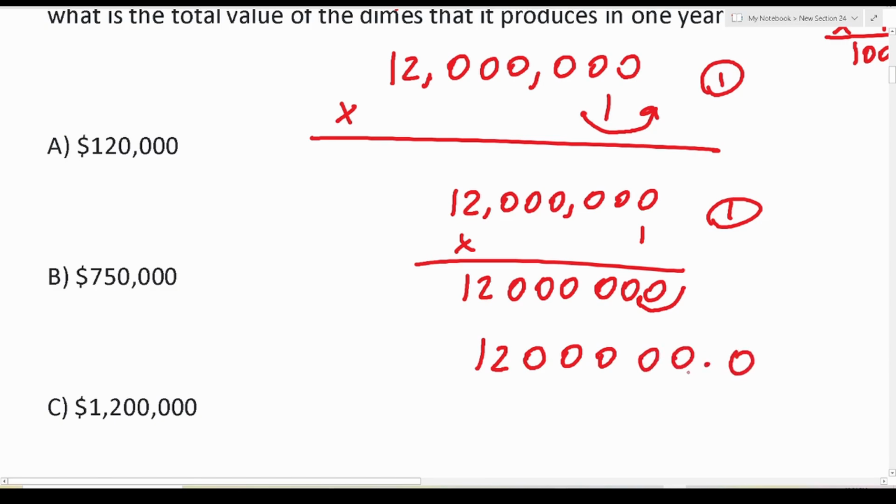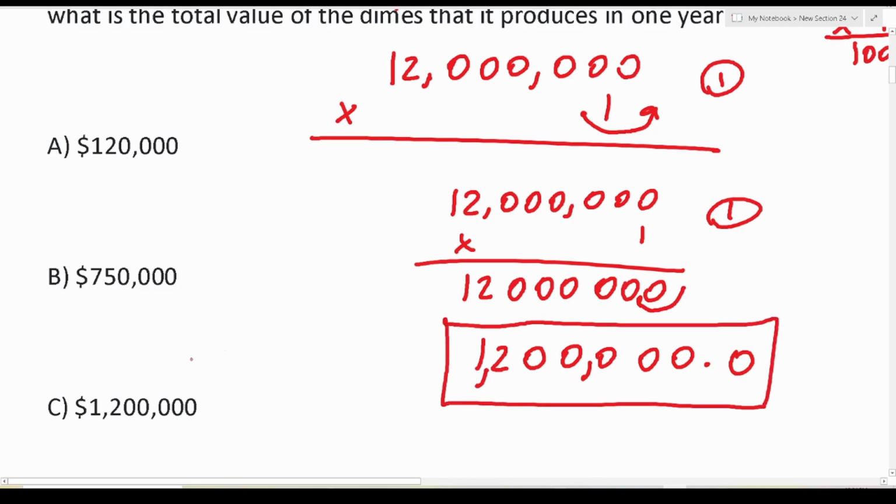And we place a comma after every 3 spots. So 1, 2, 3, comma, 1, 2, 3, comma. So this becomes 1.2 million, which as we can see is C. Not a lot of arithmetic in this problem, but that said, you have to be comfortable working with large numbers, as well as the fact that anything times 1 is itself. 12 million times 1 is 12 million. 12 times 1 million is the same as 12 times 1, albeit with those 6 zeros to tack on at the end.